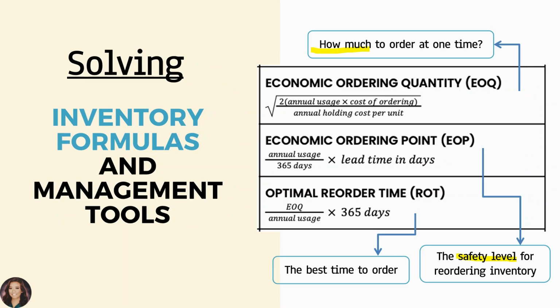And your ROT is telling you what is the best time to order. Okay? So, para lang clear ulit, this one, ROT, will help you establish kung kailan mo kailangan mag-order, and this will help you take best advantage ng dalawang to. Okay? So, for example, EOQ has to be ordered whenever your inventory reaches your EOP.